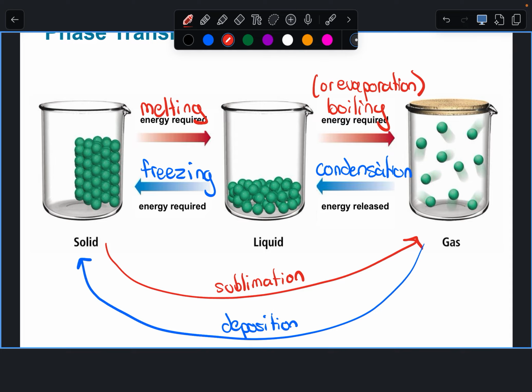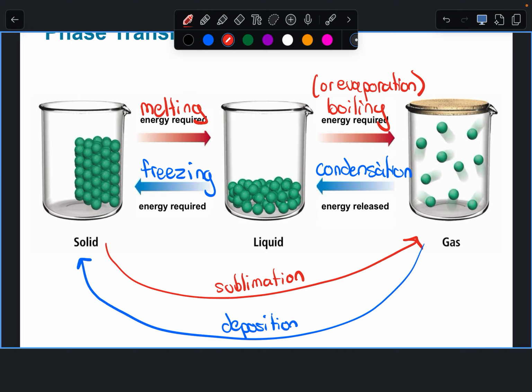I can't remember if I said that already. Gas to solid is called deposition. So let's just talk solid to gas first. A frequent observation of this, probably one of the only ones that you've ever seen, is CO2. Dry ice is one that, at our conditions, and this is particularly at our pressures, we will look at the end of class on Wednesday, phase diagrams that link the temperature and the pressure together.